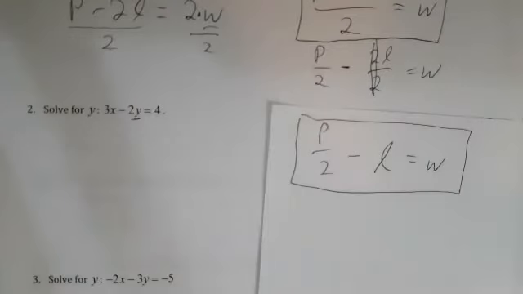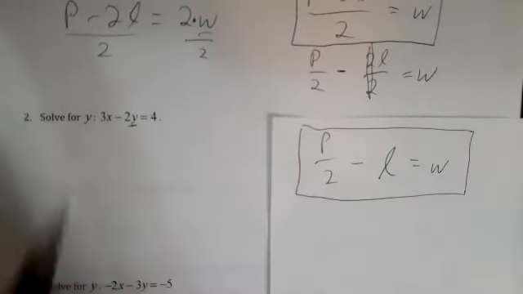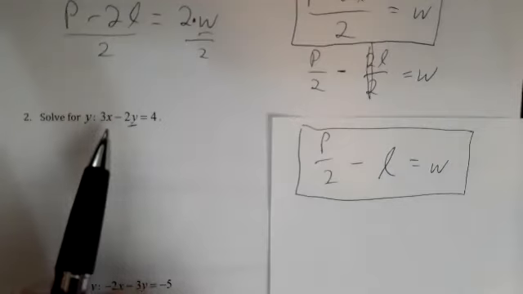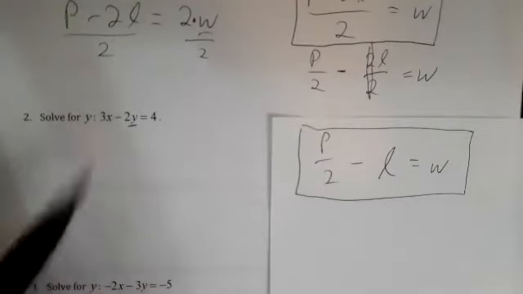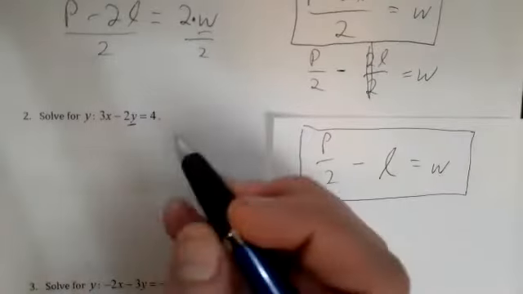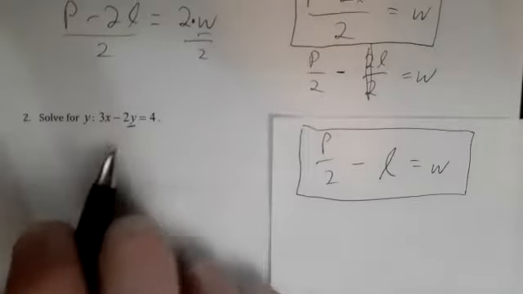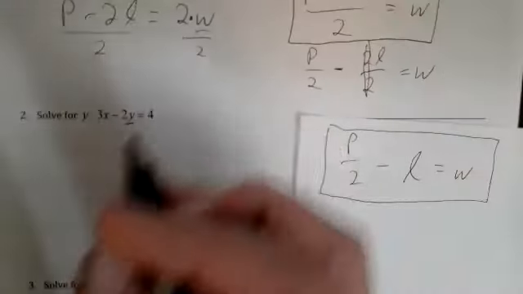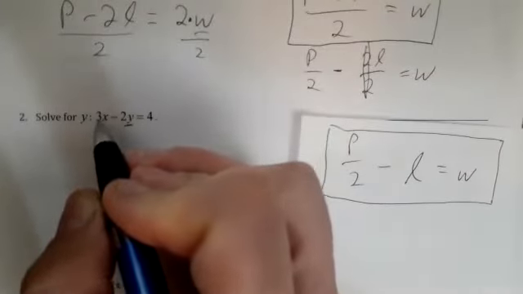Same thing. The first thing I see that's attached to this y is that it's being multiplied by 2. And then we have this operation of addition, subtraction, and further out there's a 3x. If we're adding and subtracting, we want to move the 3x over. We want to get this y by itself. In order to move the 3x over, the operation is addition, subtraction.